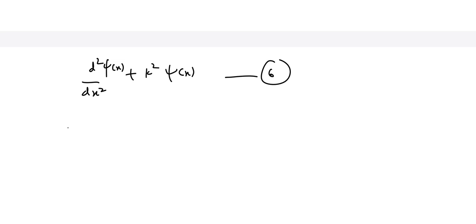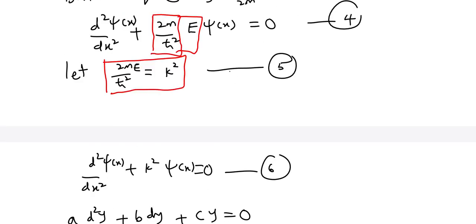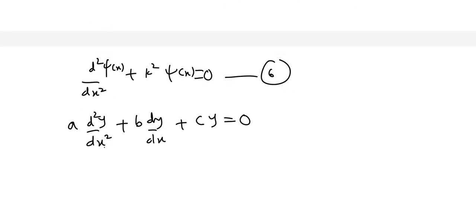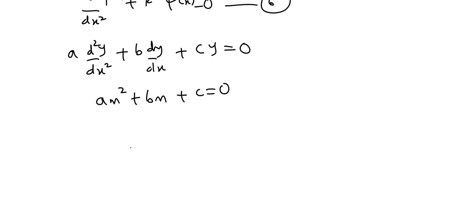Usually in mathematics, if you have, let's say, an equation a d squared y dx squared plus b dy dx plus c y equals 0, what you do is you form an auxiliary equation: a m squared plus b m plus c equals 0. You now solve this quadratic equation.